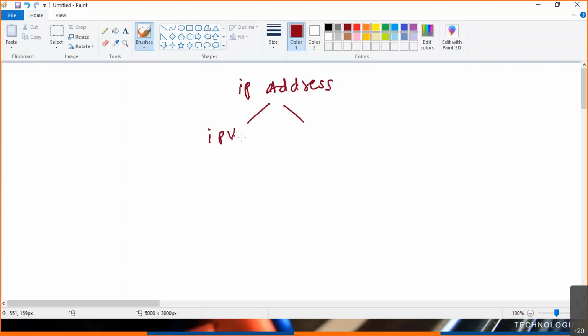We have two versions, IPv4 and IPv6. IPv4 is 32 bits and IPv6 is 128 bits. The IPv4 32-bit address is divided into octet format.